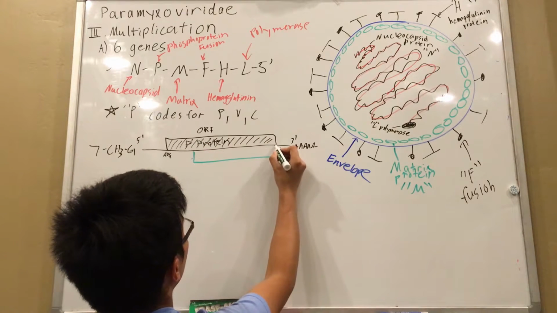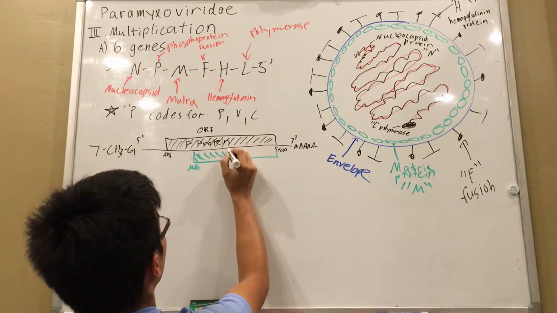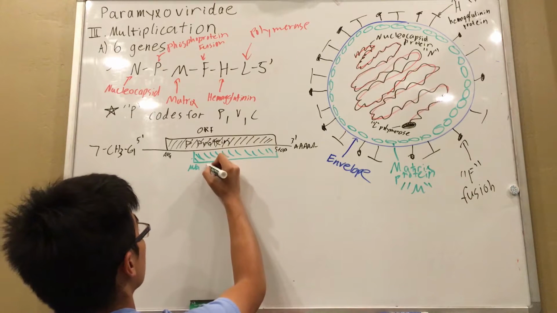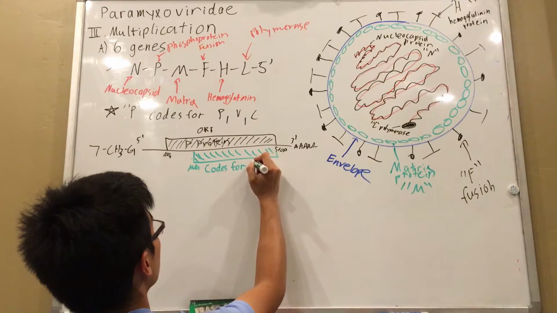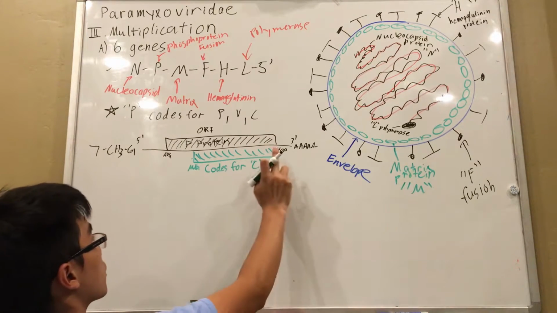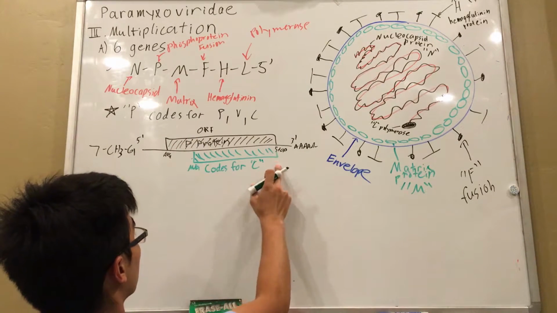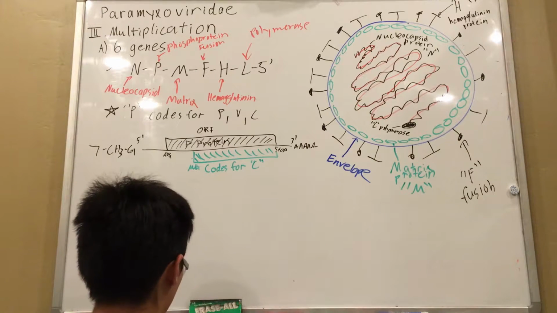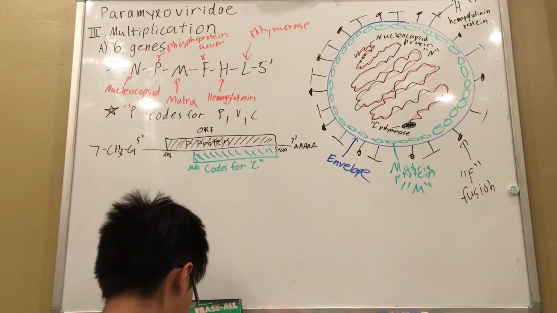This is the second AUG start site. And guess what? If you start here instead of here for translation, then you code for C. So if you start from here and stop there, you get P. If you start from here instead and stop here, then you get C. And a really weird one, which is V.